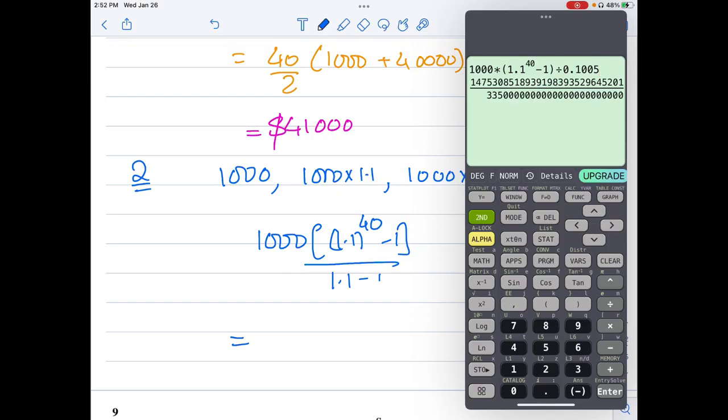In this mode of the calculator, there should be some delete button. I am using this calculator for the first time, so there will be some lagging over here.